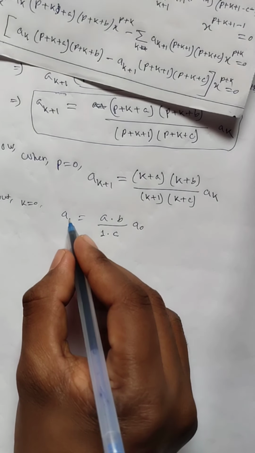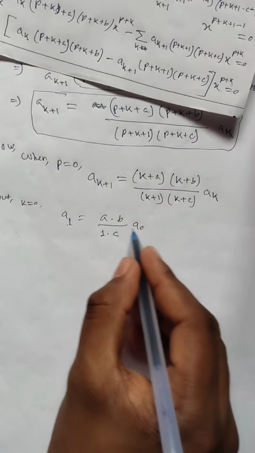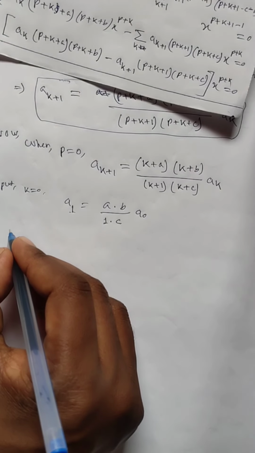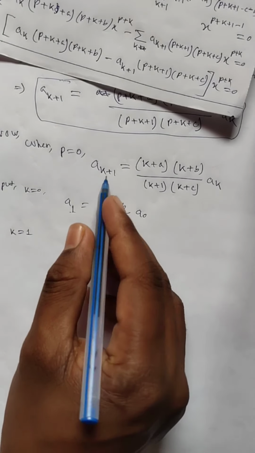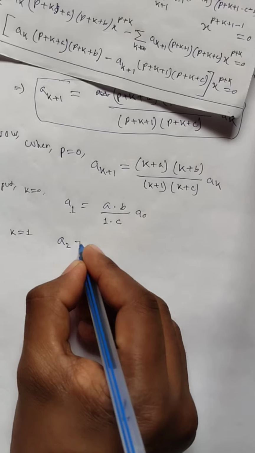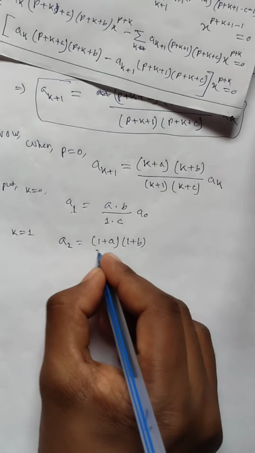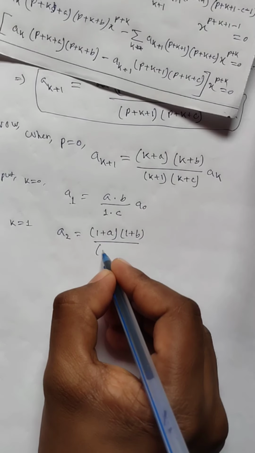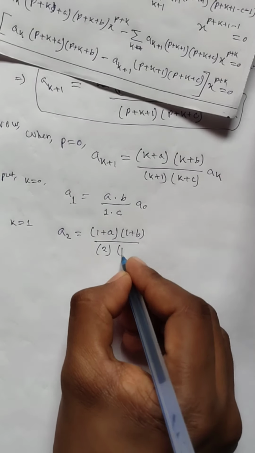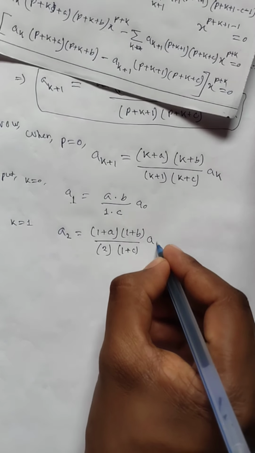This is the relation between a1 and a0. Similarly, if we put k equal to 1 in this equation, so we get a2 is equal to (1+a)(1+b) divided by 2·(1+c) a1.